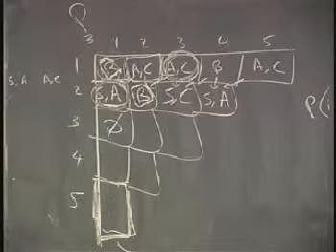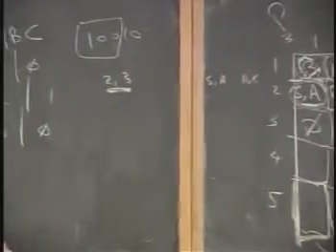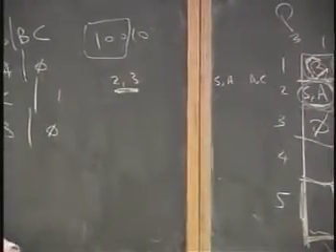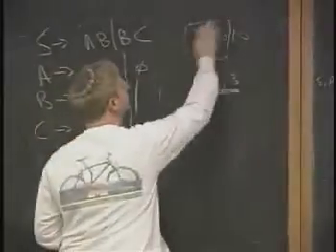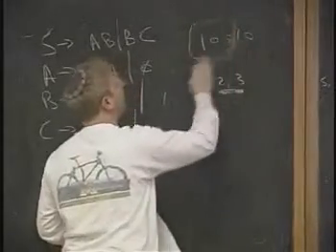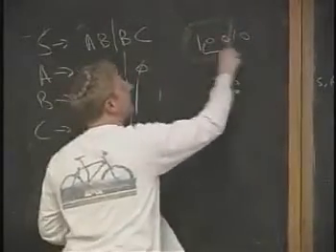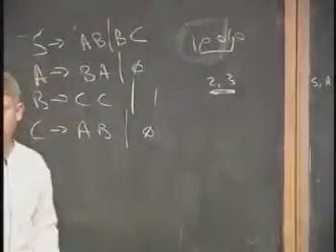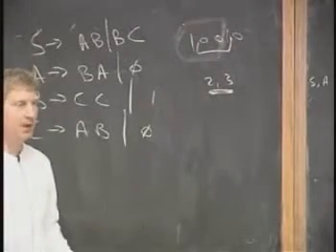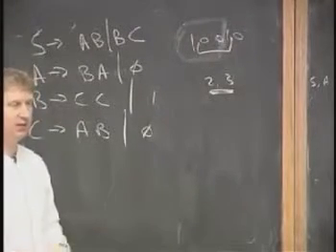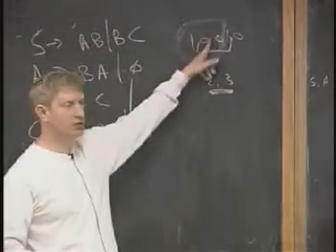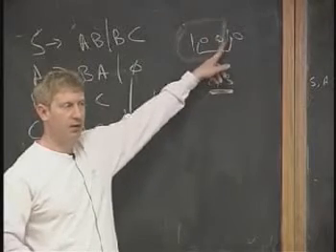Let's do the next spot over, which is now 2, 3. 2, 3 starts at the second symbol and goes 3 symbols down to 0, 0, 1. There are 2 places to split this into 2 pieces. One is after the first 0, one is after the second 0.